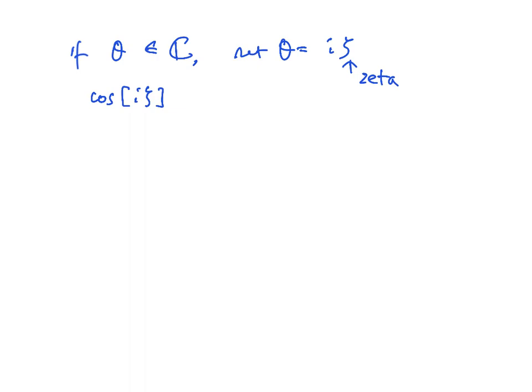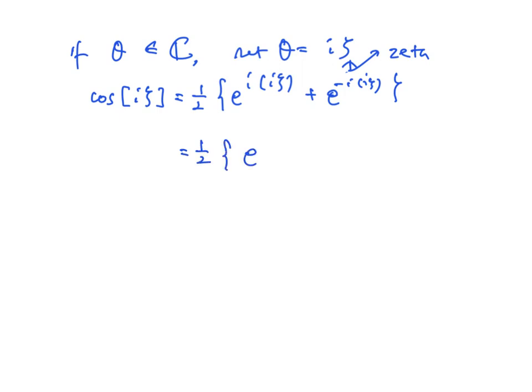So, say if theta is complex numbers, set theta as i times theta, Greek alphabet, then cosine i theta is 1/2 exponential i theta plus exponential minus i theta, which is exponential minus theta plus exponential theta.